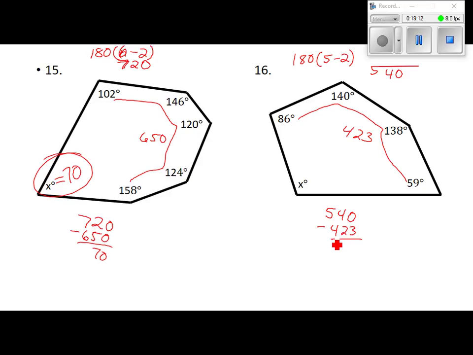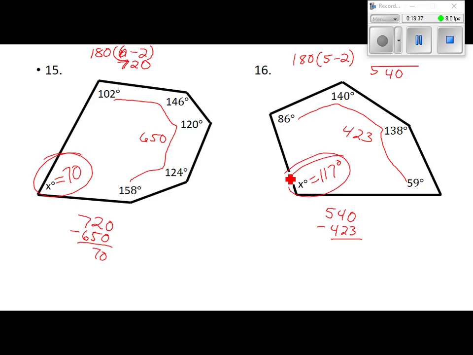Alyssa said she got 417. Anybody else get 423? It's 86 plus 140 plus 38 plus 59. Try it again. Those 4 angles, add them up. It's 423. Yeah. And the difference is 117.